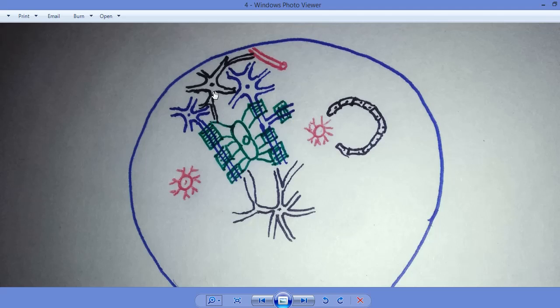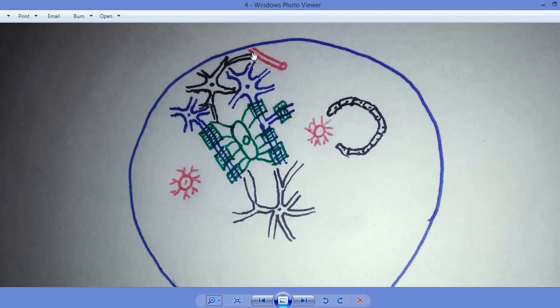Another function of the astrocyte is that it provides an intact blood-brain barrier. Some of the branches of the astrocyte, for example, this is a blood vessel, and one of the branches of this astrocyte is connected with this blood vessel, with the endothelial cell of this blood vessel.